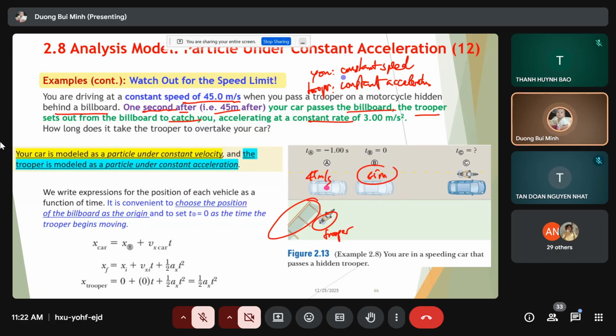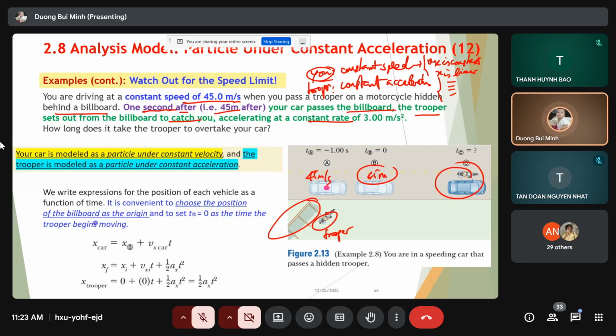If you are at constant speed, that means vx is constant, and x is linear, right? And for constant acceleration, we know some equations, right? So we need to analyze your motion and the dropper's motion, and then after some time, we meet the dropper.